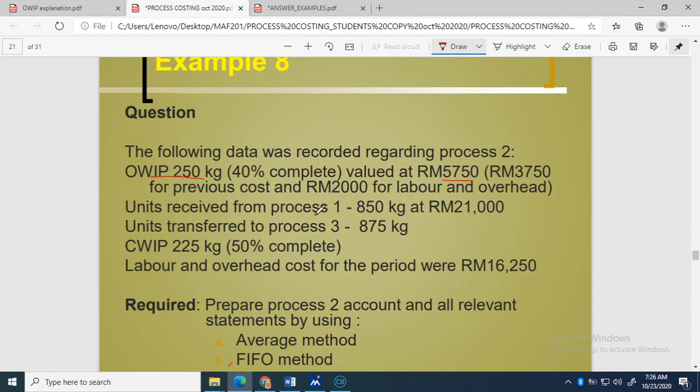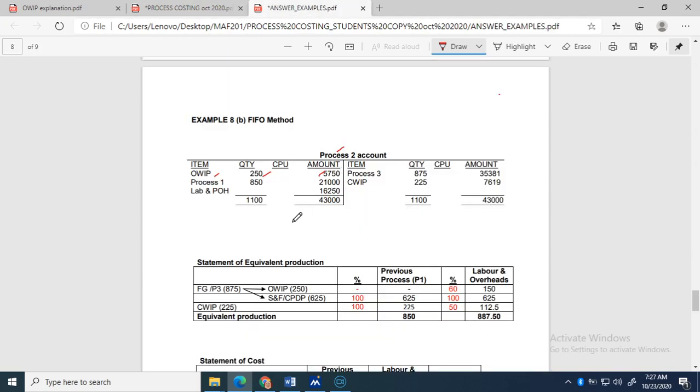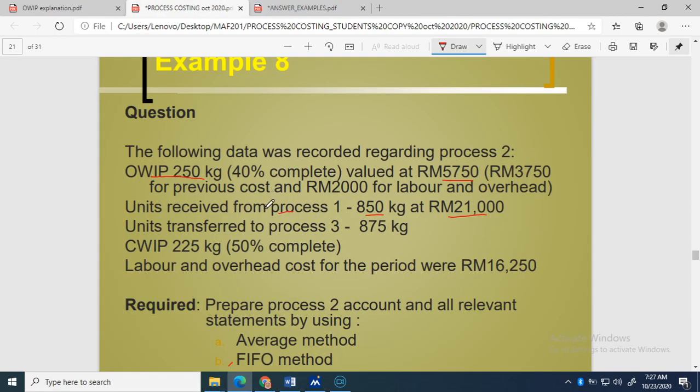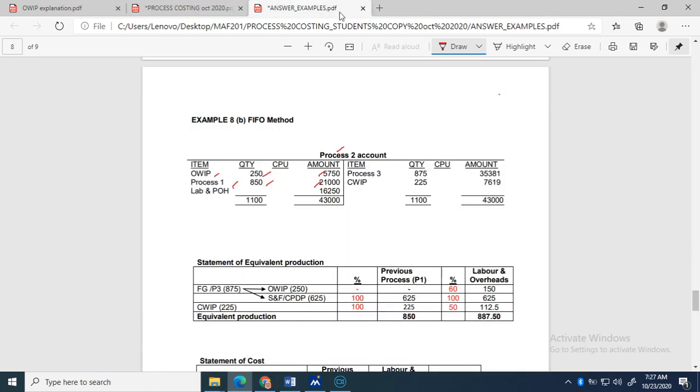And then we have units received from process 1, 850 kg, 21,000. Transferred to process 3, 875 kg, but we do not know the value yet.